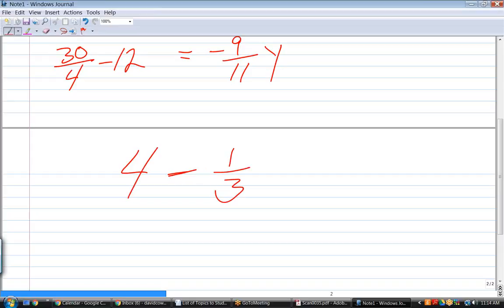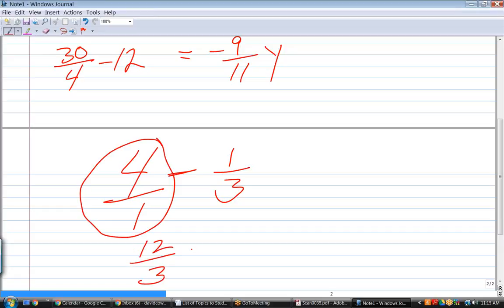You would put it 4 over 1, and then you would have to find a common denominator. Let's do it. And then the common denominator could be 3. So what's this fraction become if it has a denominator of 3? 12 over 3 minus 1/3.